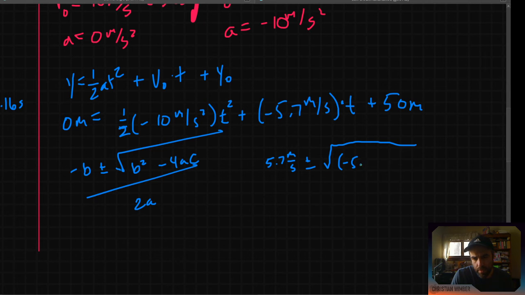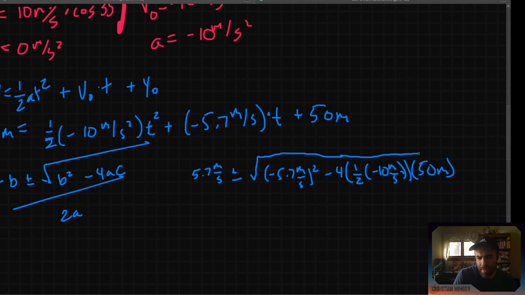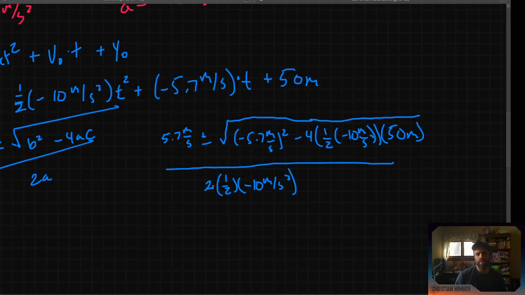That's negative 5.7 meters per second squared minus 4 times 1/2 times negative 10 meters per second squared times 50 meters, all over 2 times 1/2 times negative 10. Okay. So give me a second, just go ahead and calculate through this.